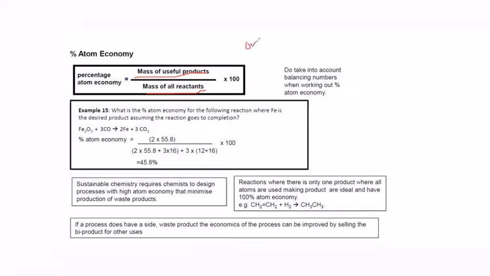Or it is the mass of useful product divided by the total mass of all reactants, the mass of product, multiplied by 100, and you will get the atom economy or percentage atom economy.